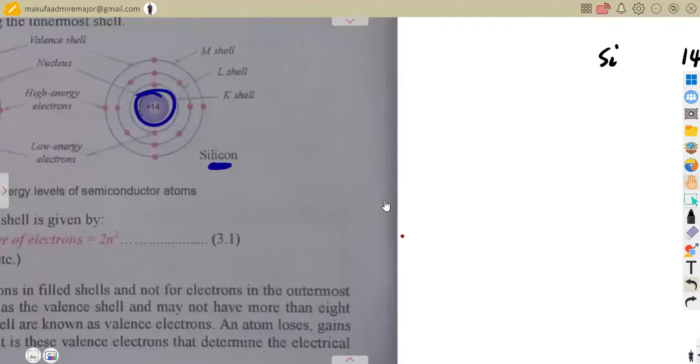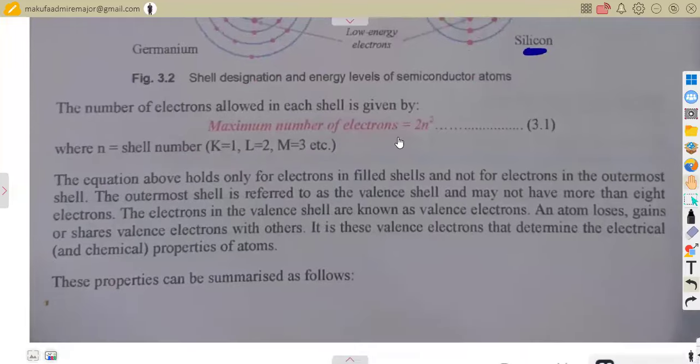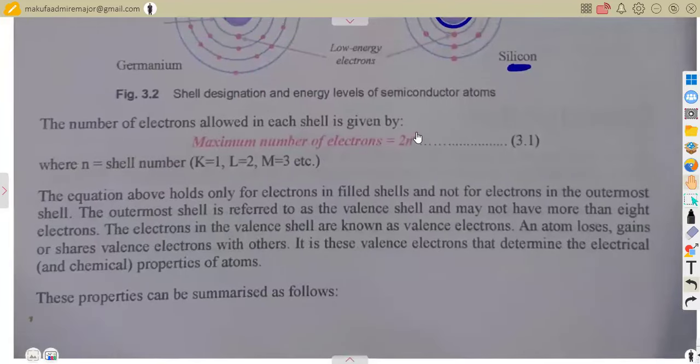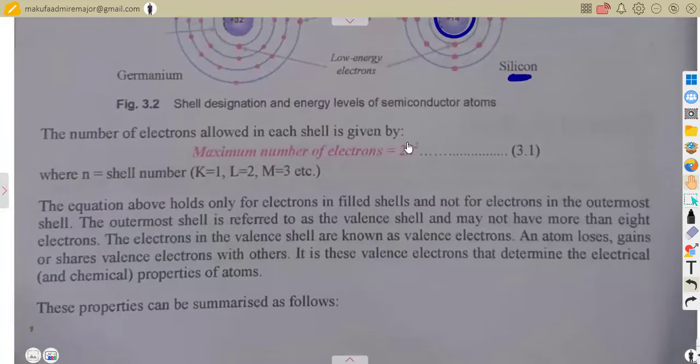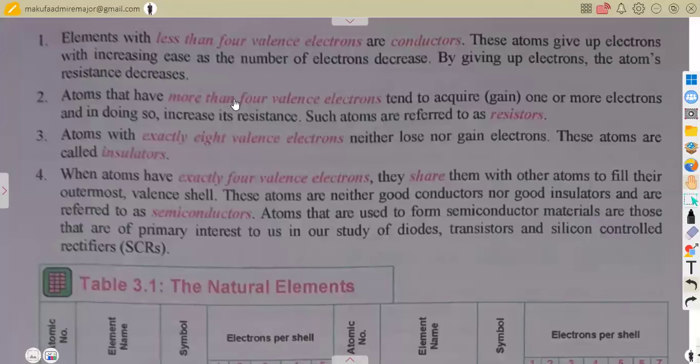So given any element, you are going to need the atomic number. This is the part which we are going to talk about. These are also the properties that we have on an atom, as a summary.